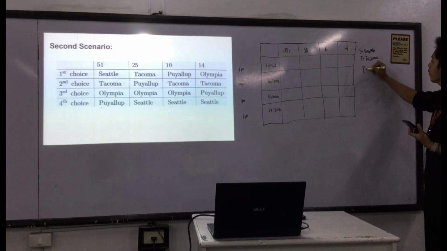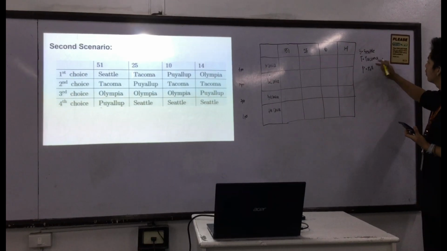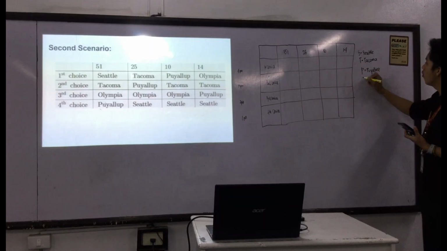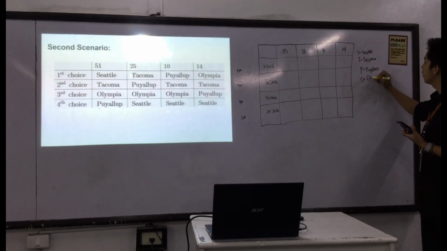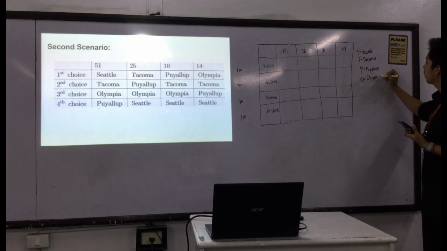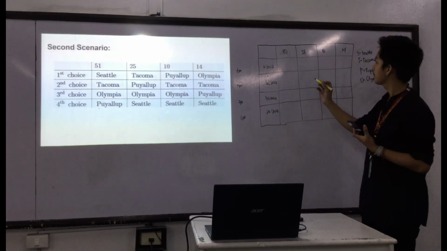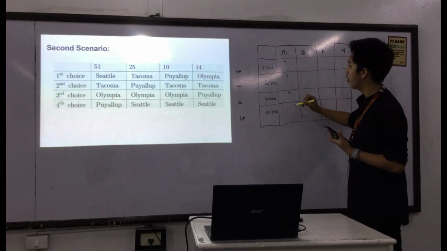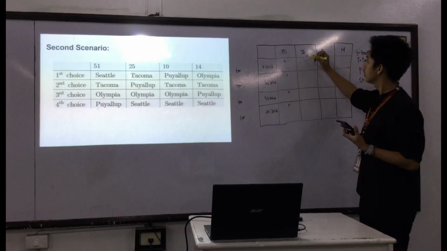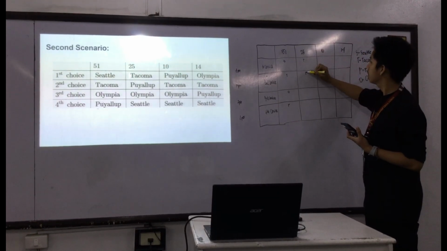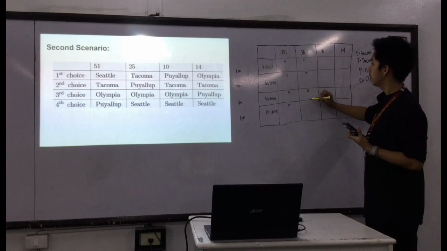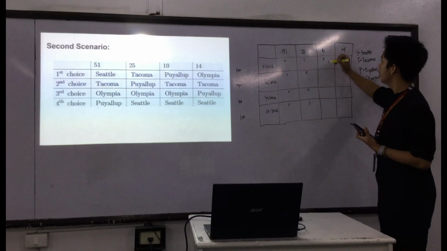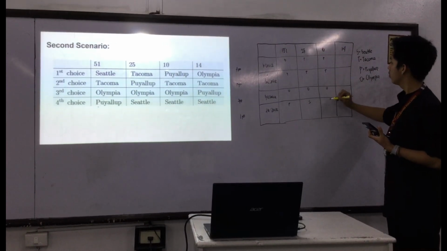P for wheel. And O for Olympia. S P O P, T, U O S P, O S.